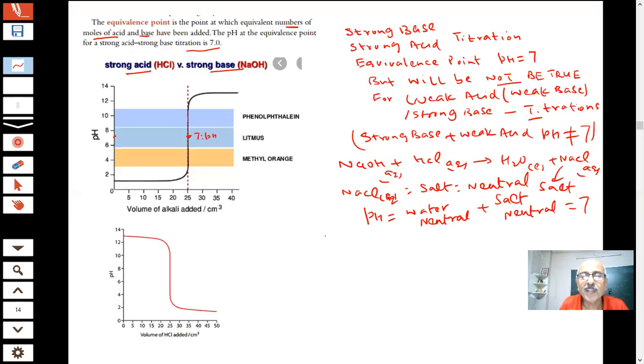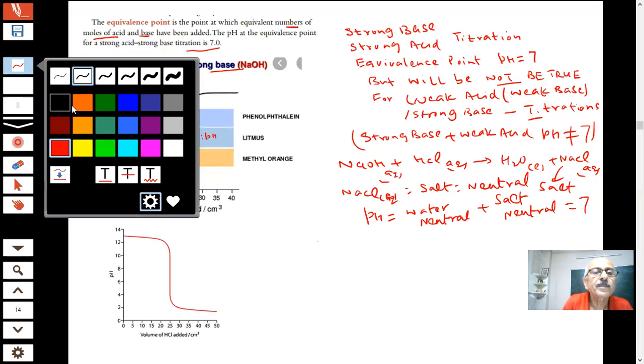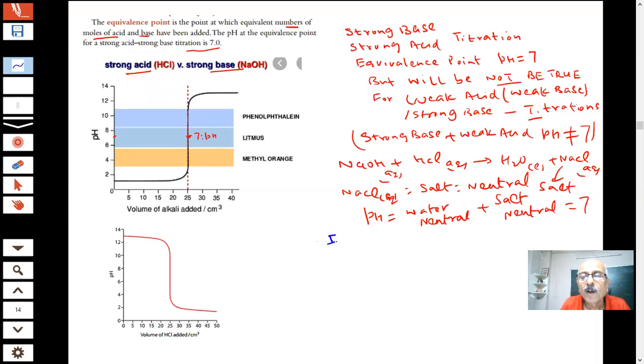Now I have to choose an indicator. The indicator tells me the end point.